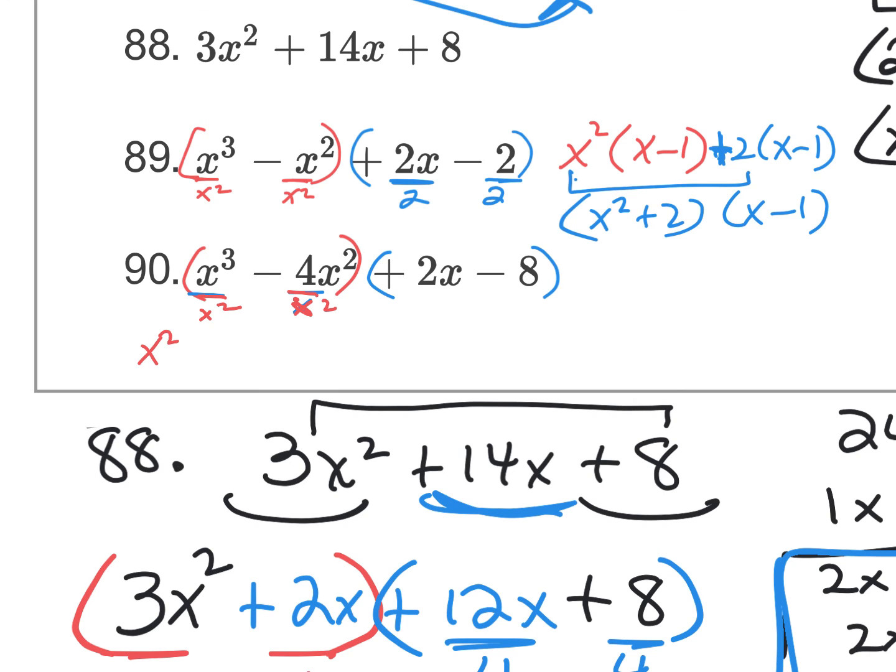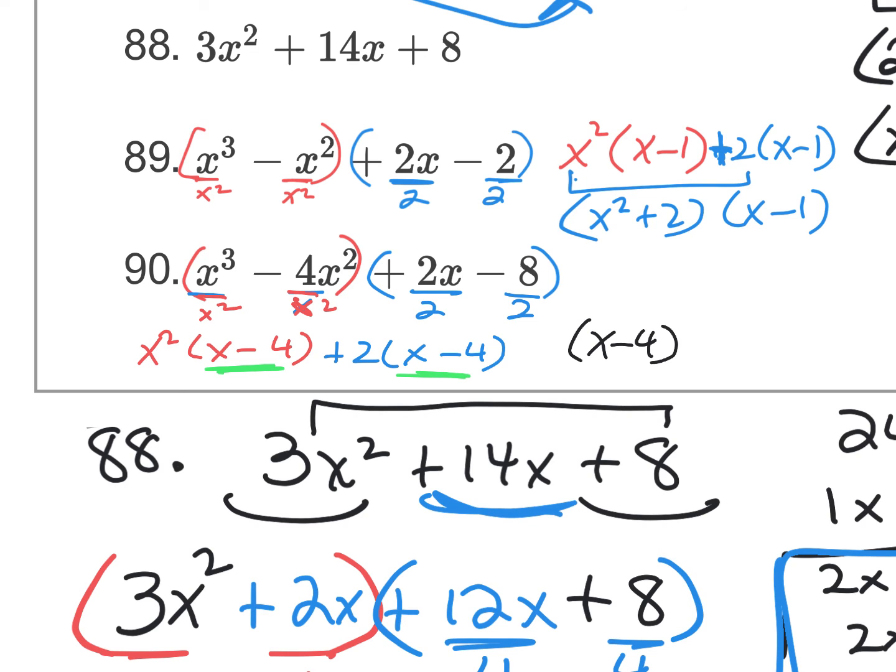Divide it, and I'm left with x minus 4. GCF of my blue group is going to be 2. So then I'm left with 2 and then x minus 4. These look the same, so write it once. And then take the 2 GCFs, x squared plus 2.